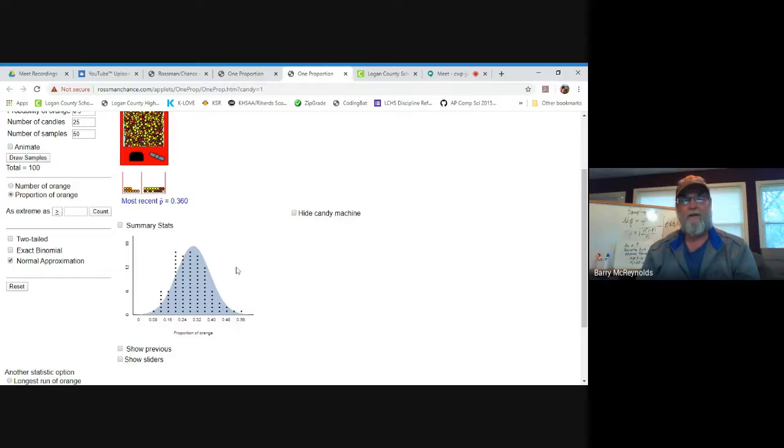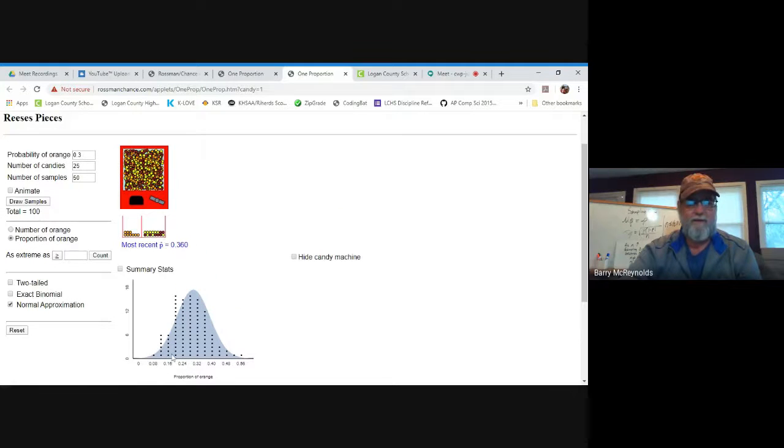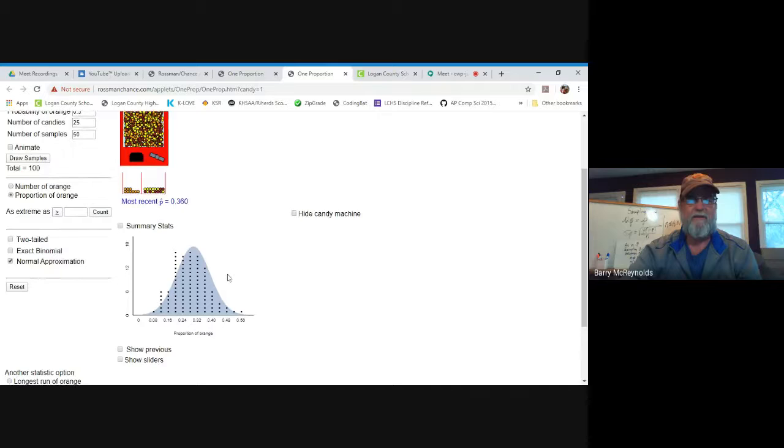And normally we'll pick 2 standard deviations away from the mean as the example of something that's very unusual. So which of these values here would be 2 standard deviations away from the mean? Well, we can calculate that.